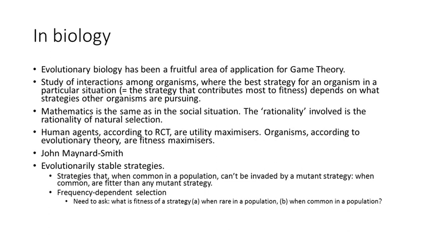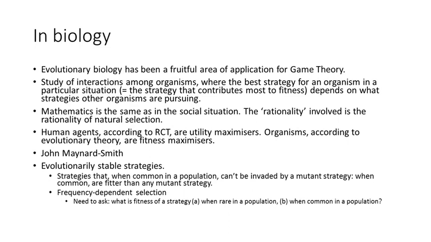So the mathematics can be essentially the same as in the social situation. The rationality involved is the rationality of natural selection, in a way that I'll explain in a minute, rather than the rationality of the individual agents involved in the situation.